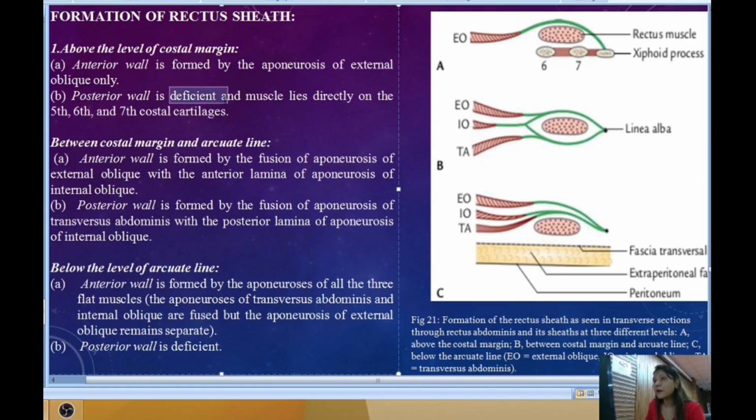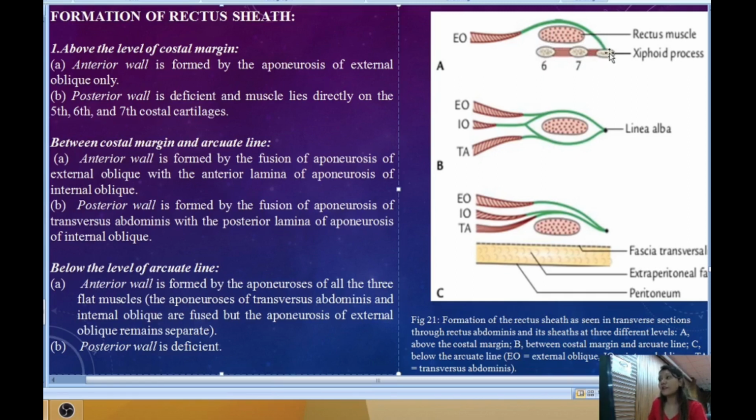See, I told you now, above it is deficient, and the muscle will lie directly on 5th, 6th and 7th costal cartilage. Since there is no posterior wall above the costal margin, the first diagram is this one. Above the costal margin, the green color is not there posteriorly. You have seen here, there is no green color posteriorly. So the rectus muscle will directly lie on 5th, 6th and 7th costal cartilage.